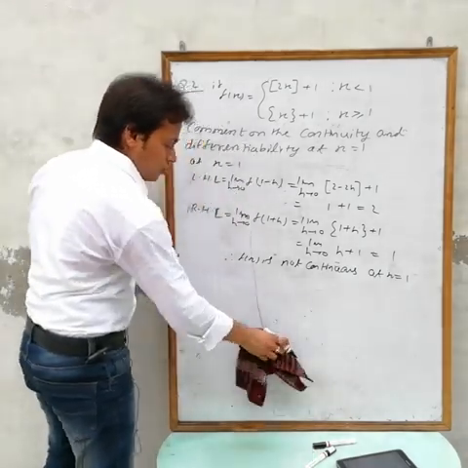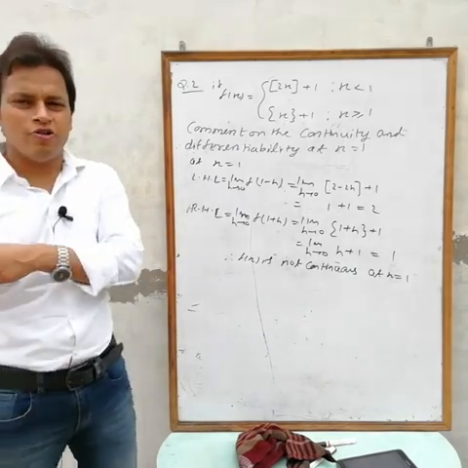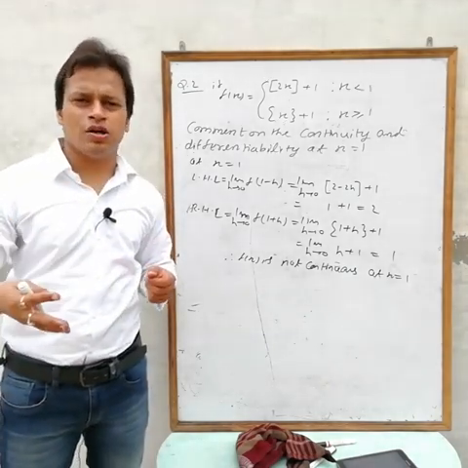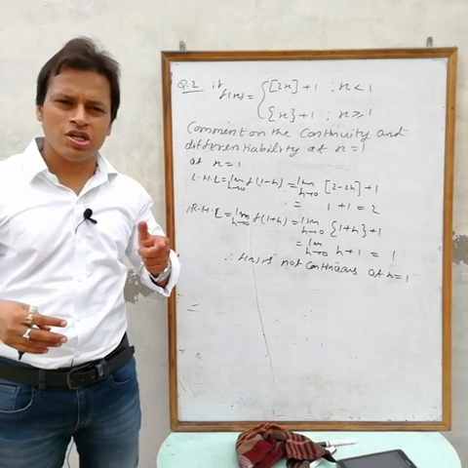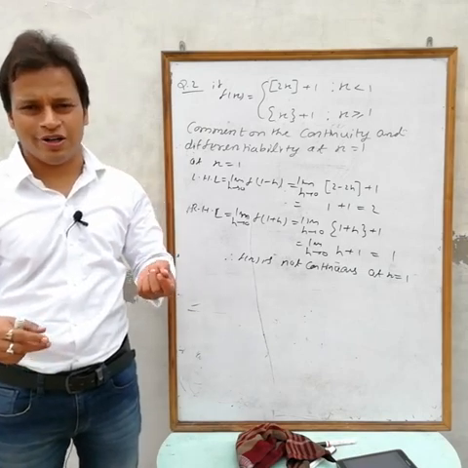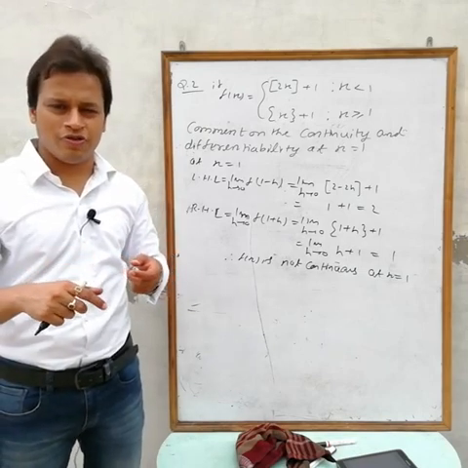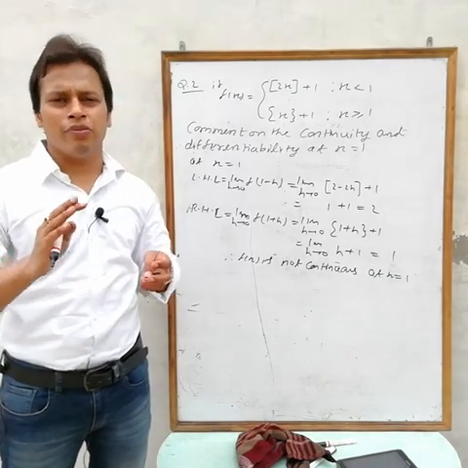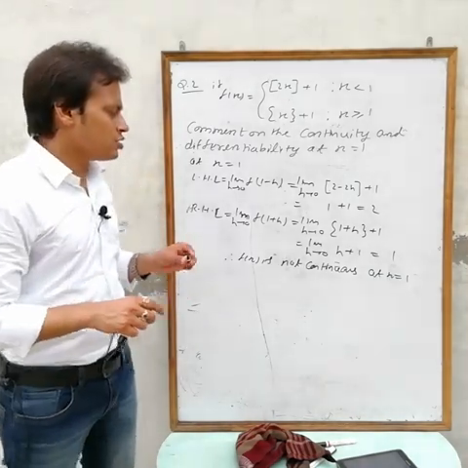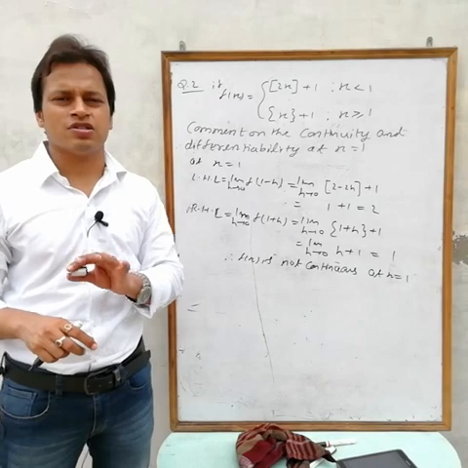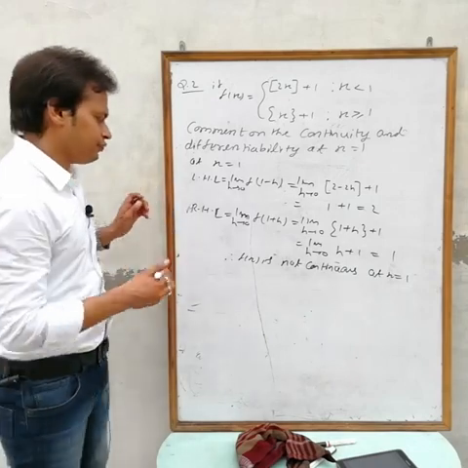So obviously the function is not differentiable. To become a differentiable function, the function must be continuous. If the function is continuous, then you have to check for differentiability, as the function may or may not be differentiable. But if the function is not continuous, then definitely the function is not differentiable.